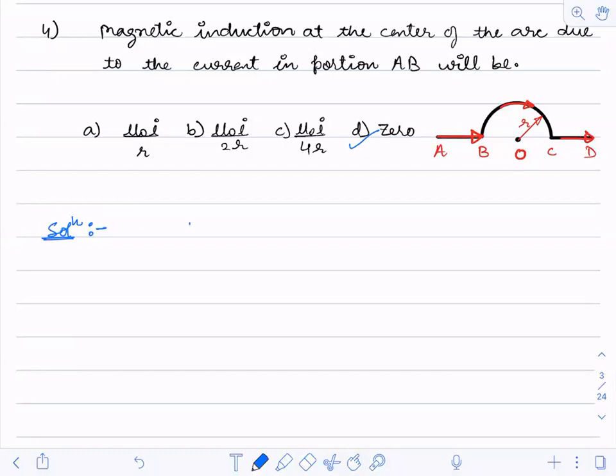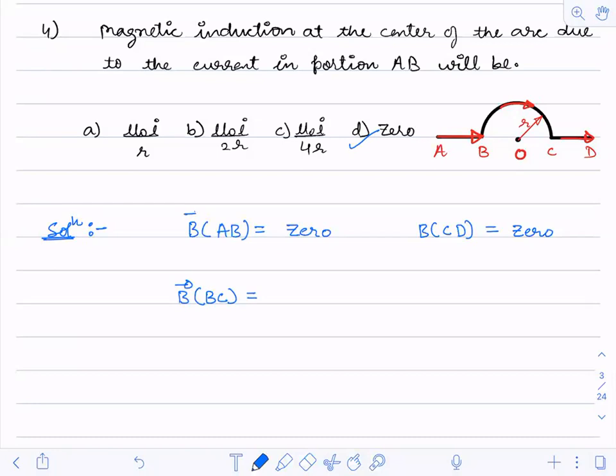If I calculate the magnetic field for AB and for CD, both the values will be 0. Now the magnetic field value due to BC will be what?